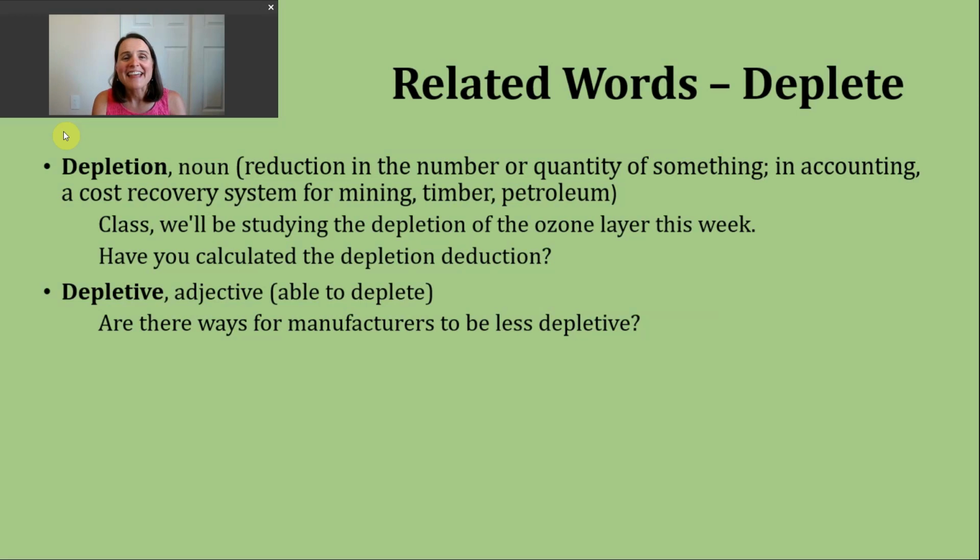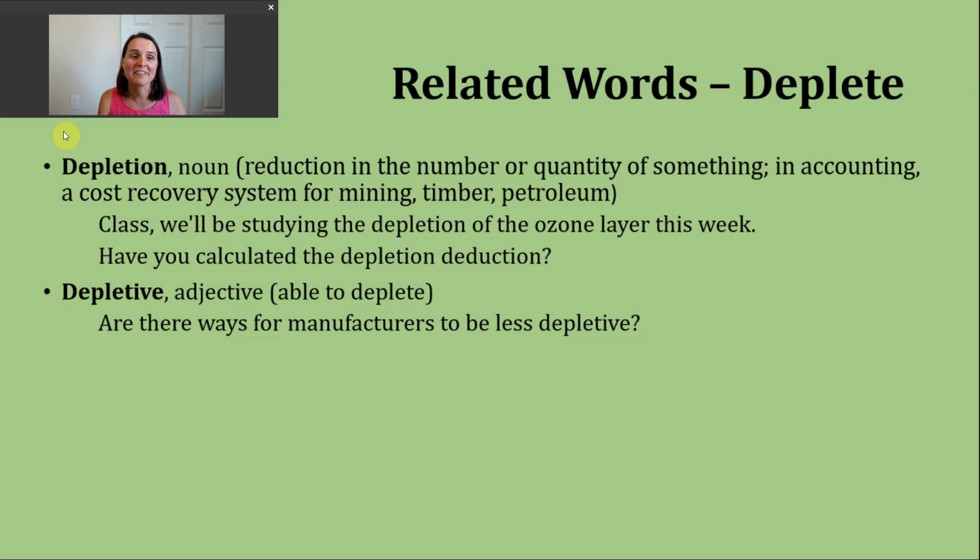I also want to note that the noun depletion has a very specific meaning in the field of accounting. So in accounting, this is referring to a cost recovery system that's used with natural resources. So this could be in mining, timber, like trees and wood, petroleum, you might think of oil with that. This particular definition is very specific, so if you're not in business or accounting, you can fast forward maybe 15, 20 seconds here.